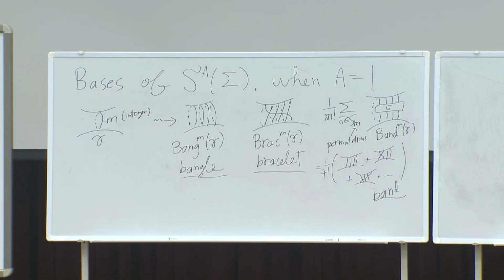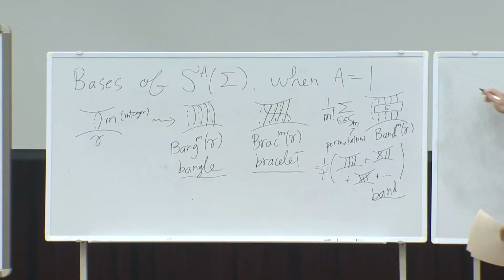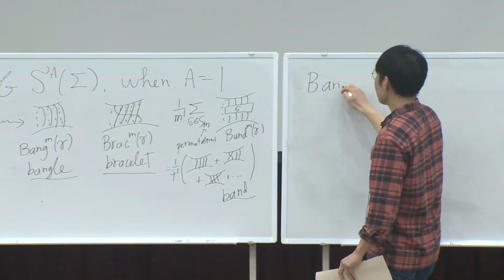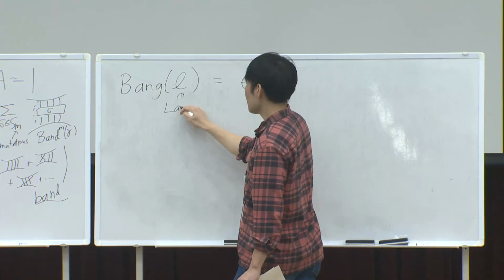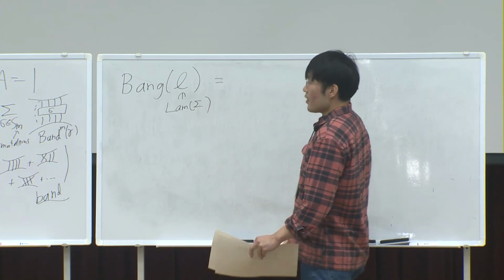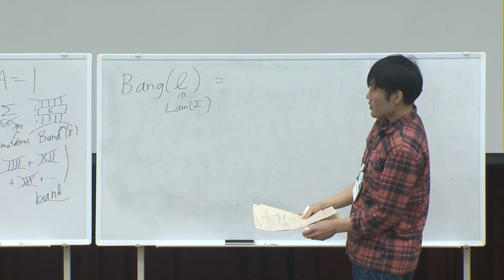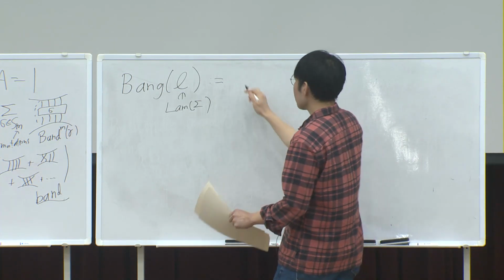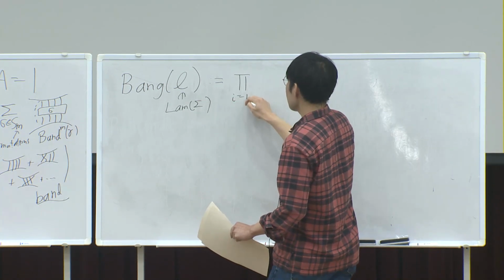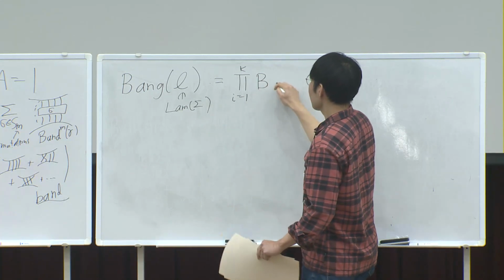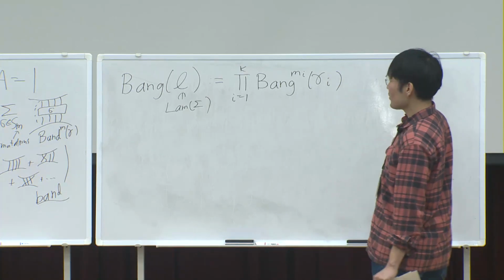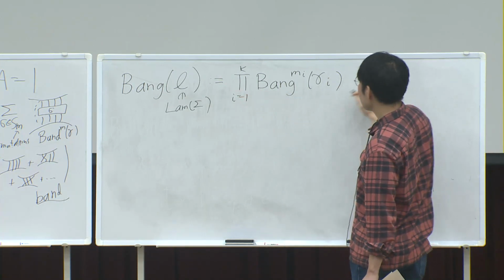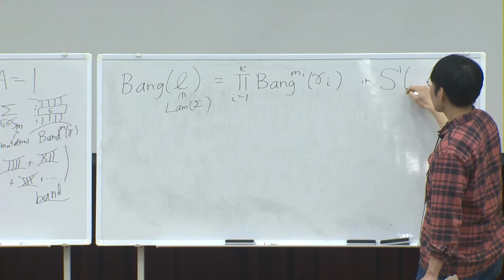And that gives you one element of the skein algebra at A is 1. So for example, the bangle of an integral lamination L: I do the first construction to all the constituents, so the product of bang I of gamma I, taken inside the skein algebra at 1.